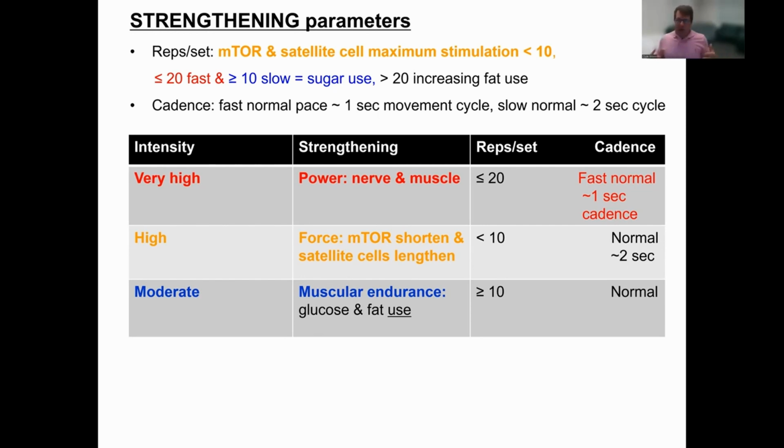So when you're pushing or pulling against resistance, during the muscle shortening phase, mTOR increases gene expression. And during the lengthening phase, that's where the tearing occurs. That's where satellite cells come in to increase the amount of DNA. So the combination of more satellite cells fusing with the muscle fiber to increase the amount of DNA and the activation of mTOR from the shortening phase to stimulate that DNA, it's that 1-2 punch that gives you the greatest protein production.